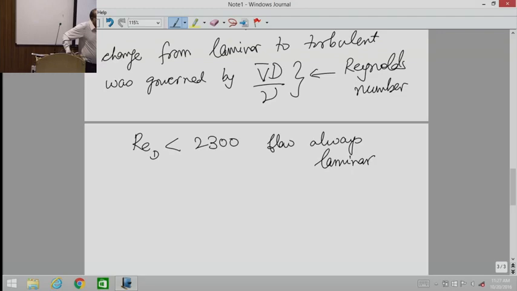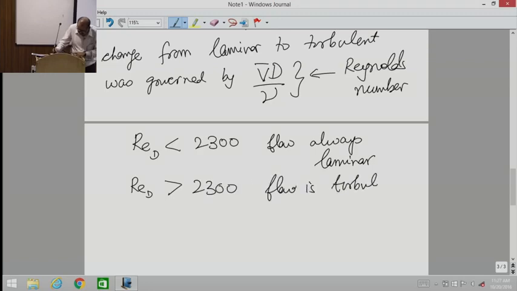Somehow it has become a sacrosanct number, or whenever you talk of pipe flows, you hear of this number as the critical Reynolds number, below which the flow is always laminar. And at least what he said was, when Re_D is greater than 2300, the flow is turbulent.